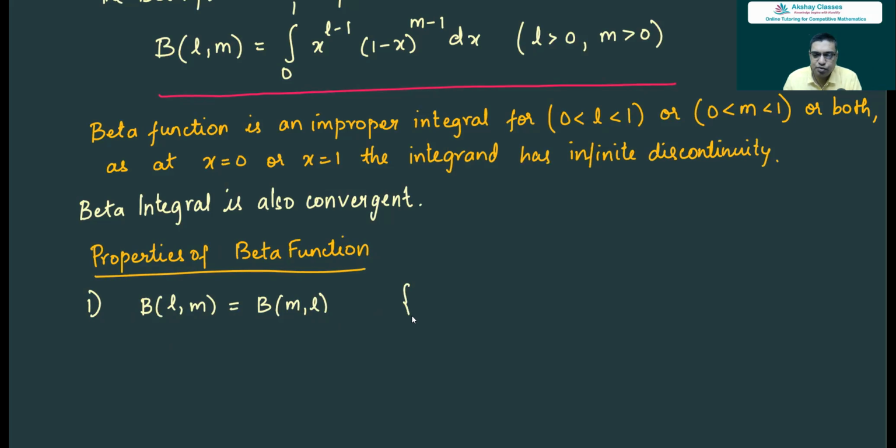We can prove this by substituting x as 1 minus t in the first integral and evaluating it. It will get reorganized, and you will get beta of M comma L. We can do this, no problem.